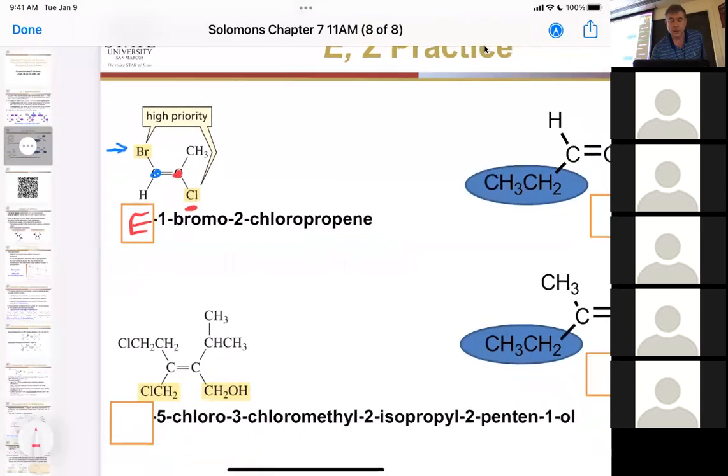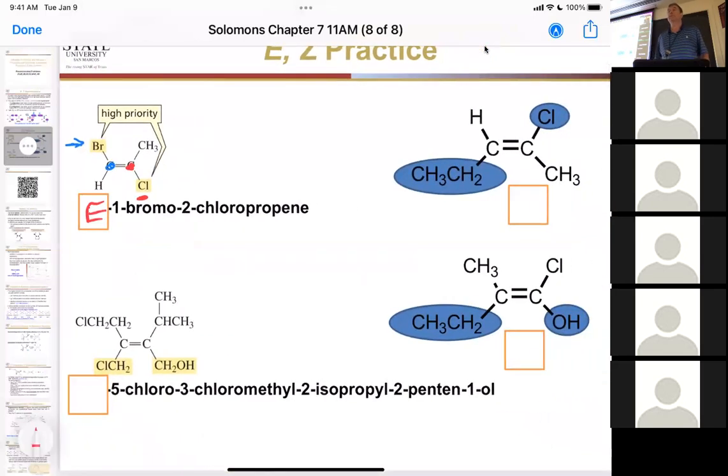Right. When you look at sides, you kind of look at it like a cross. The way you want to look at it is, you look at each carbon of the double bond. Look at this side first, then look at that side, and then imagine a line through your double bond. Are they on the same side of that double bond or on the opposite sides?